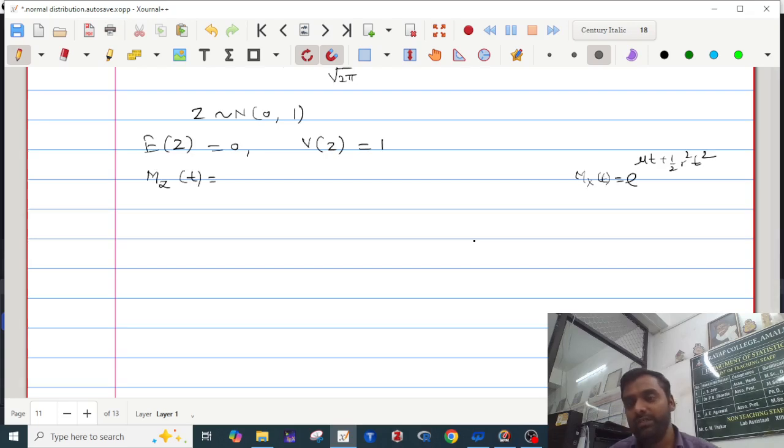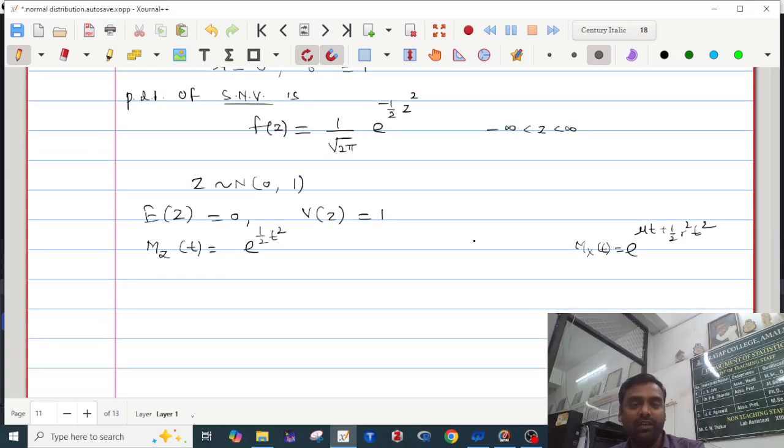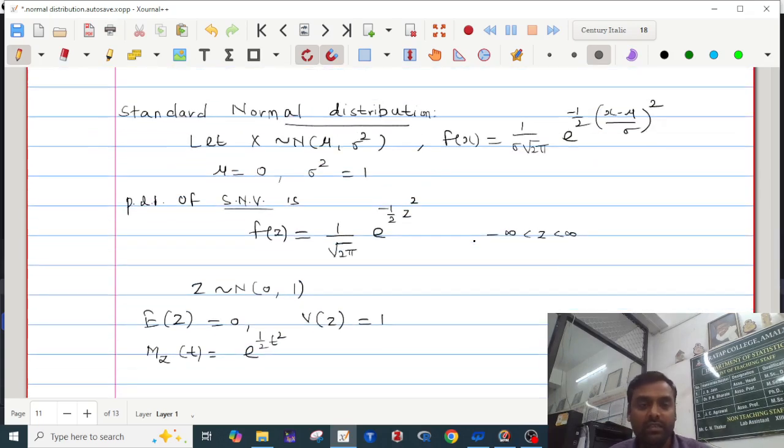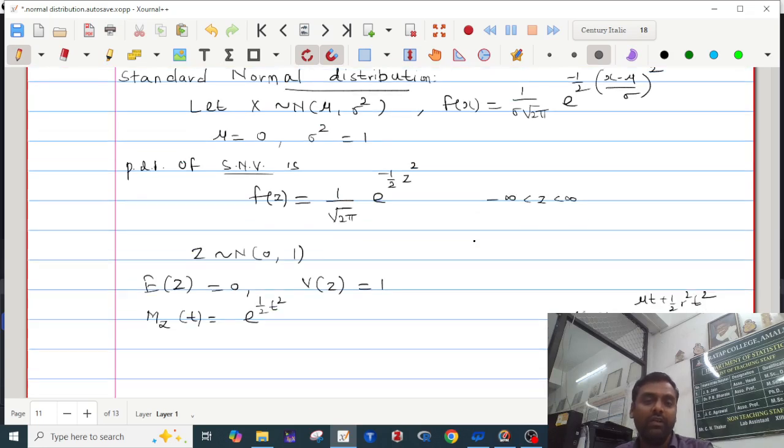If you put mu equal to 0 and sigma square equal to 1 in this MGF, it will be e raised to 1 half t square. This is the concept of standard normal variable, and we will use it to find the probabilities for normal distribution.